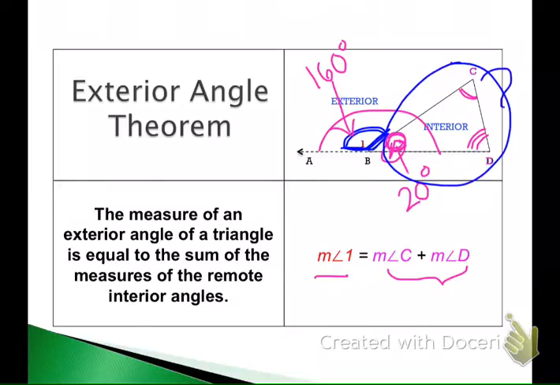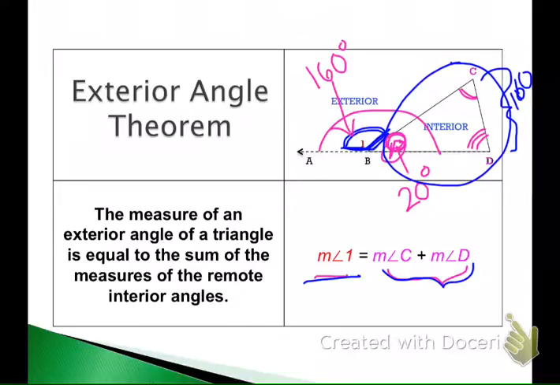So what do these two have to total up to? They also have to be 160. Let's try to squeeze that in there. All right? Does that kind of make sense? Why angle 1 ends up being the same as angle C and D put together. Are we kind of following that? Does that make a little more sense now? Okay? All right. Okay, so this is the exterior angle theorem.